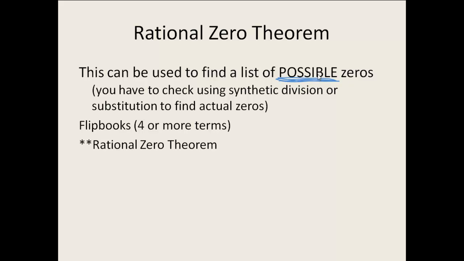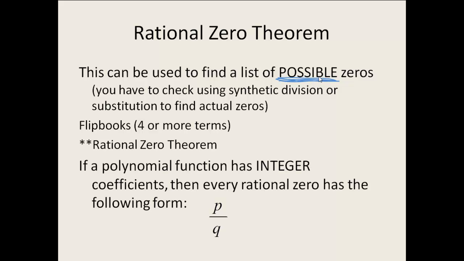So you're going to need your flip books. Go over to the 4 or more terms column and go down to the rational zero theorem. And what you need to write in there is that if a polynomial has integer coefficients, then every rational zero has the following form.